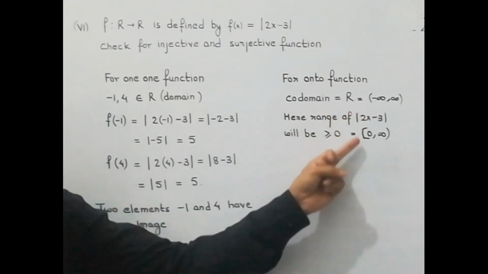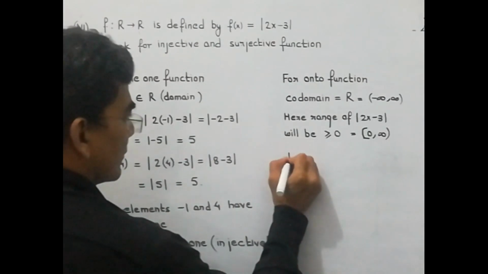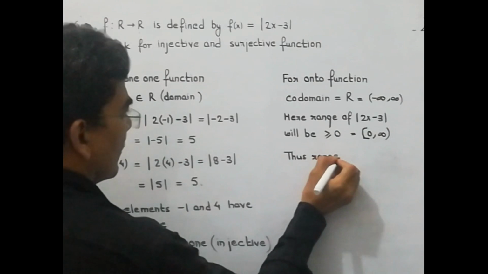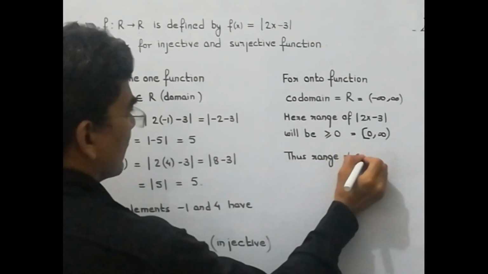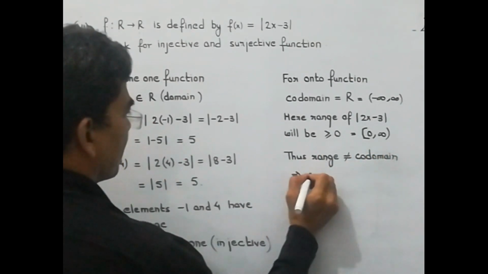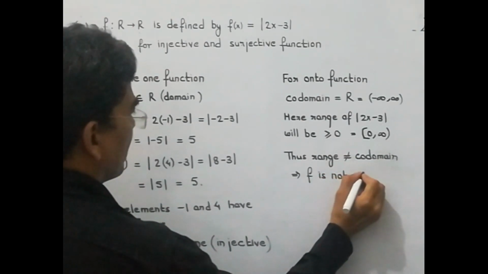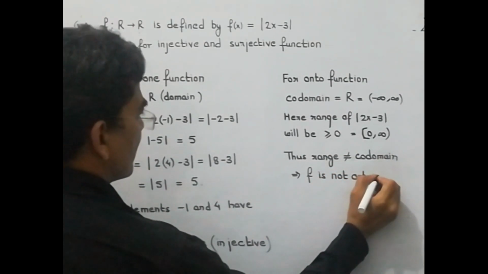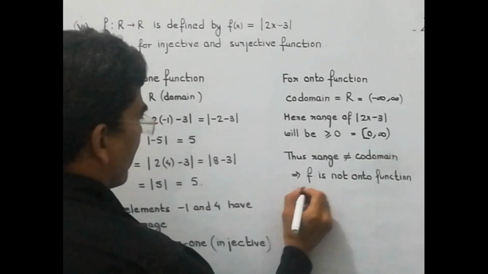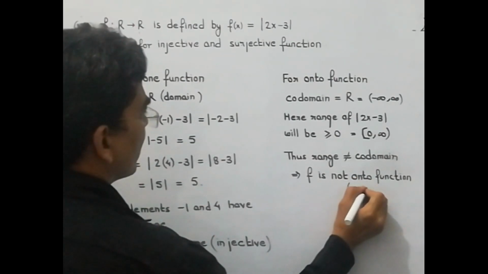So that means range and codomain, they are not equal, so it is not surjective.